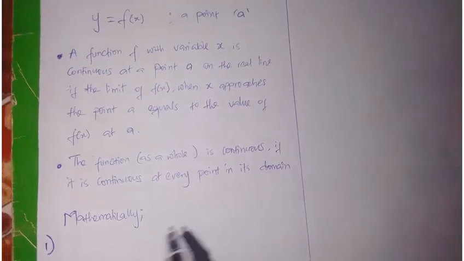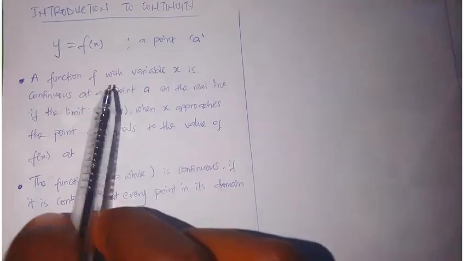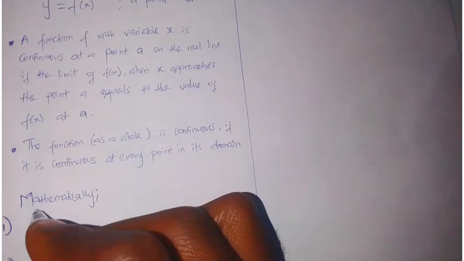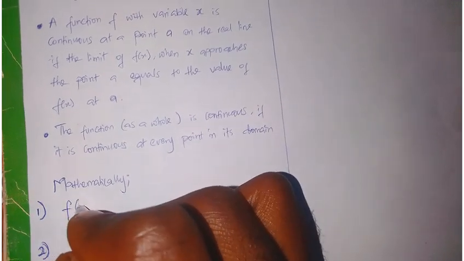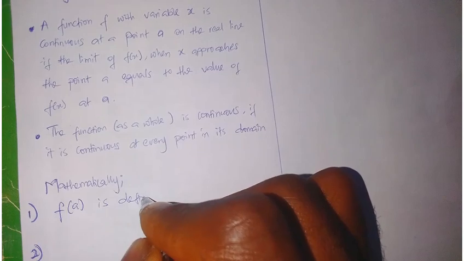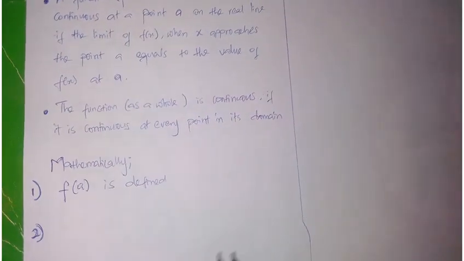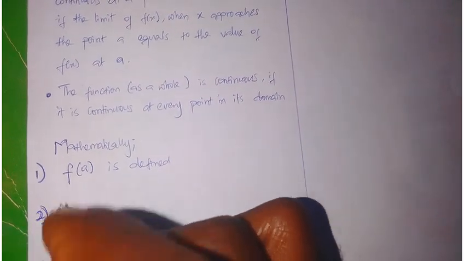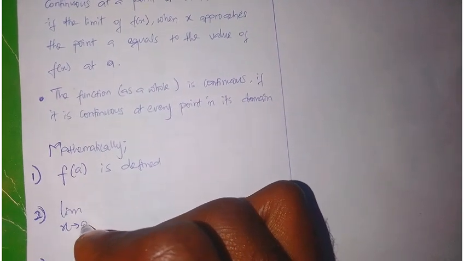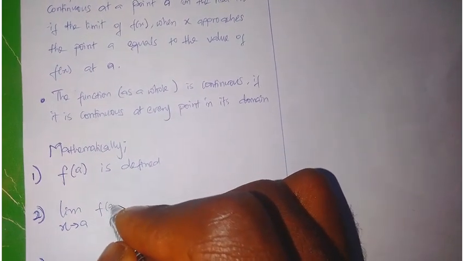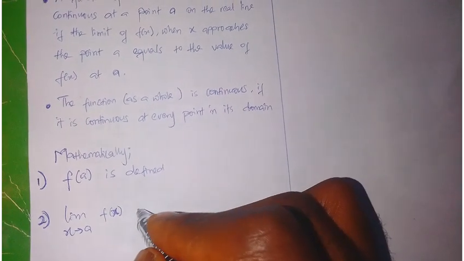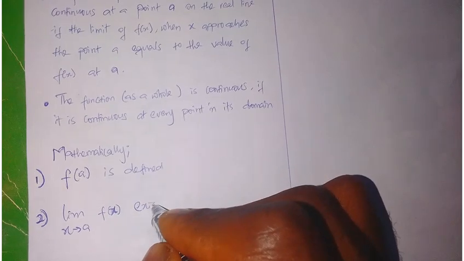Mathematically, a function is said to be continuous at a point a if, number one, f of a is defined. Your f of a must be defined. Number two, the limit as x tends to a of f of x must exist.